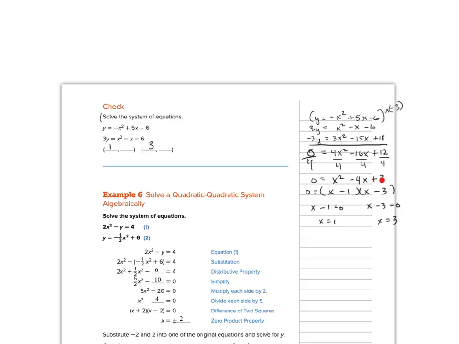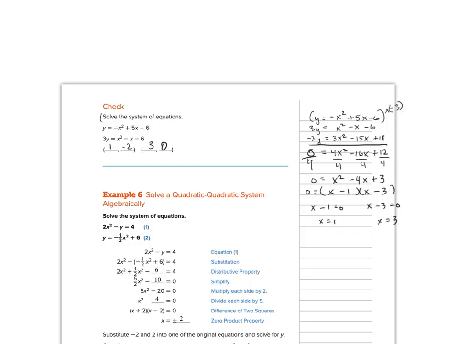So I can now factor that. Factors of 3 that will sum to -4 would be -3 and -1. So I have x minus 1 equals 0 or x minus 3 equals 0. It turns out my solutions are x is 1 and x is 3. Now when I plug those back into my equation, I find that the resulting ordered pairs are (1, -2) and (3, 0).